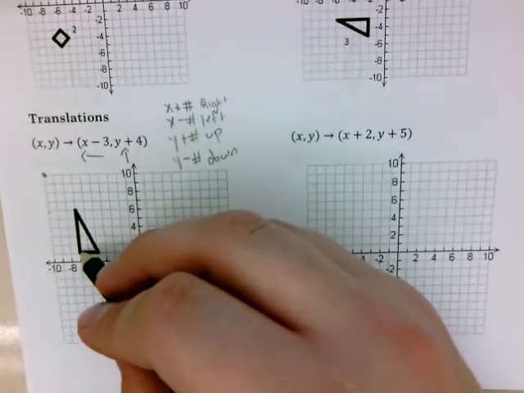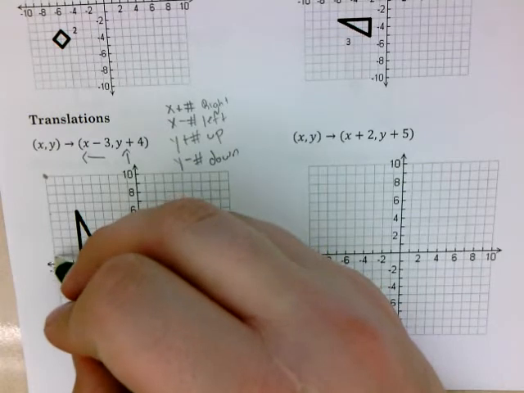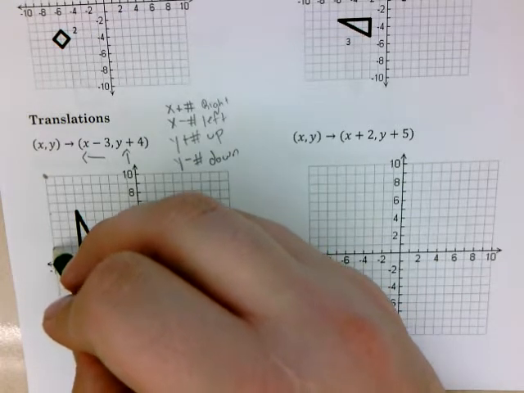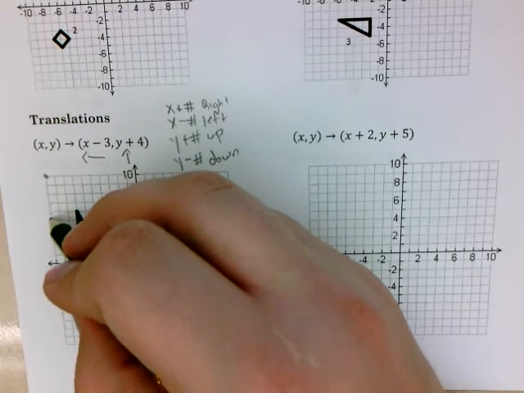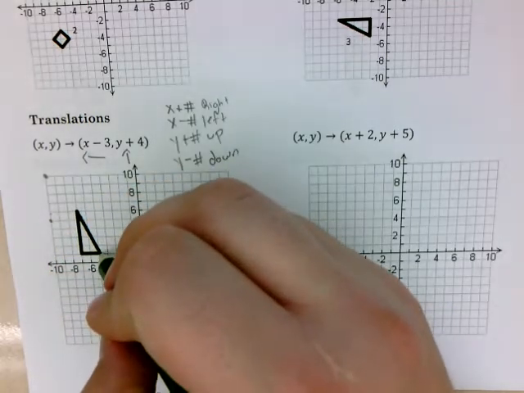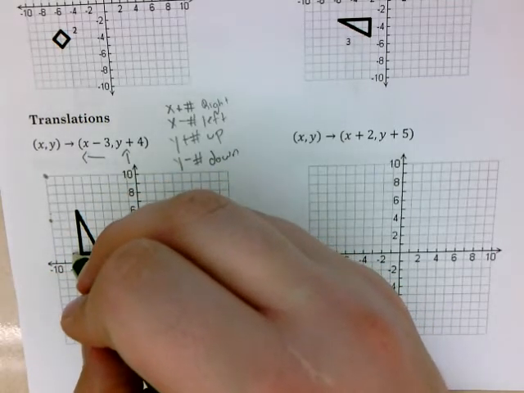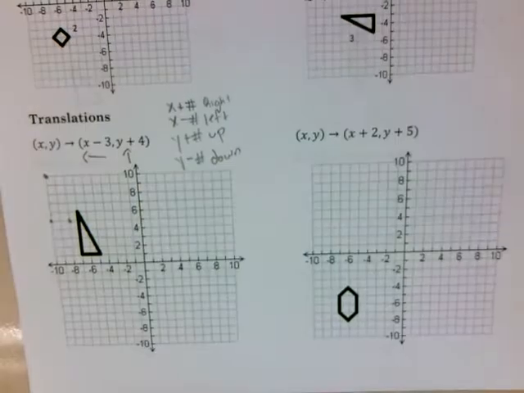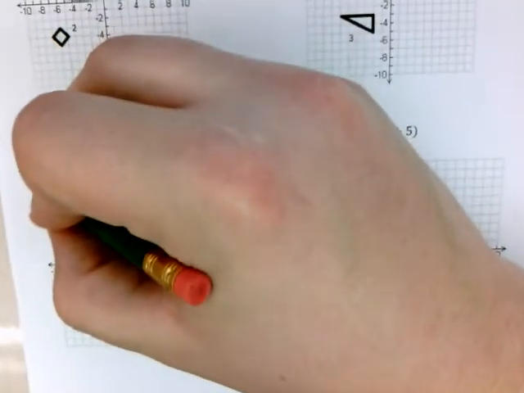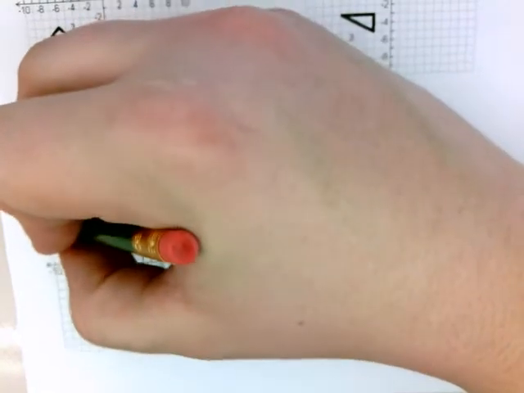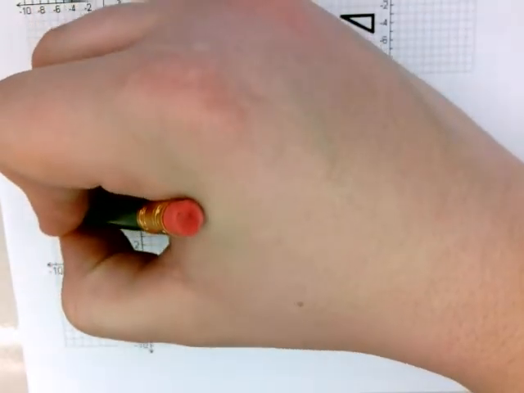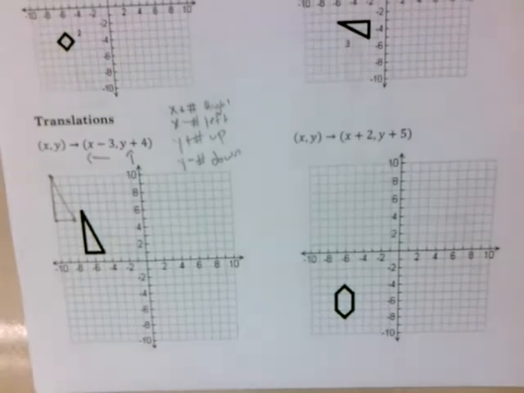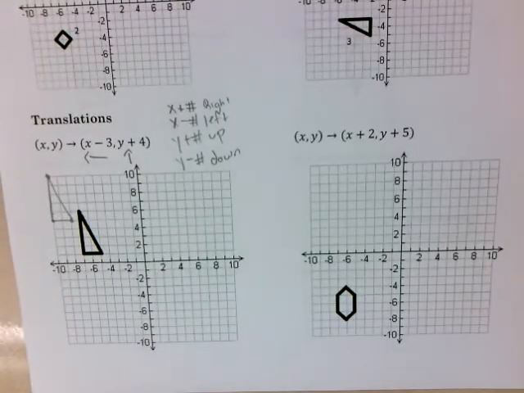Then the next one, you go over 3, then up 4. Once again, you go over 1, 2, 3, and up 1, 2, 3, 4. Now we just translated the unit to the left 3 and up 4.